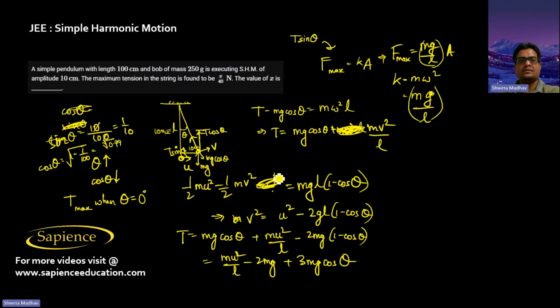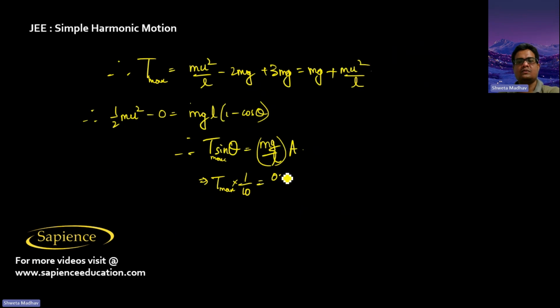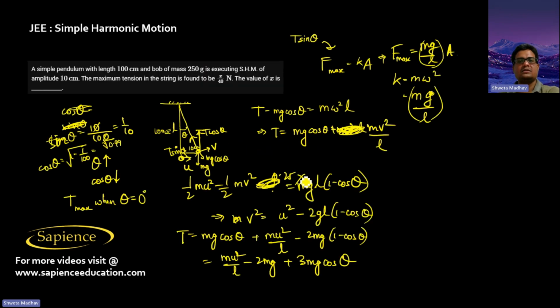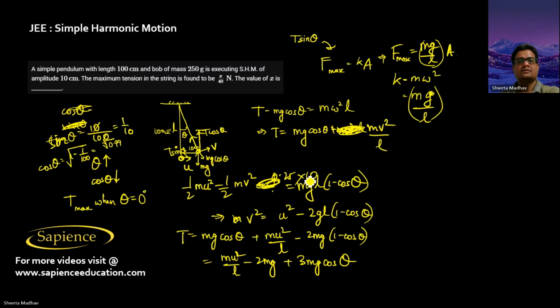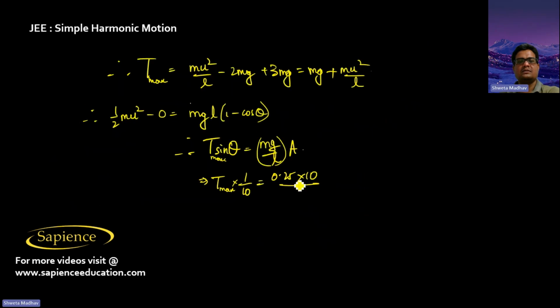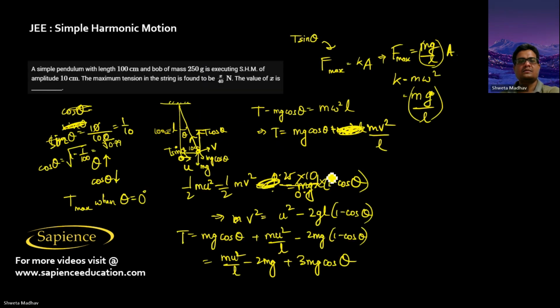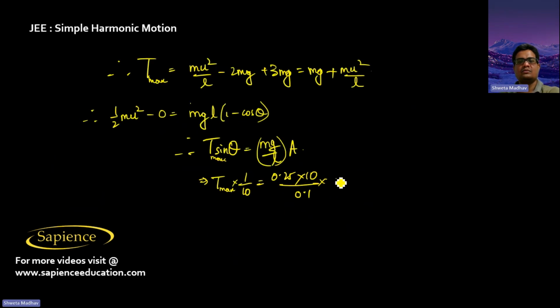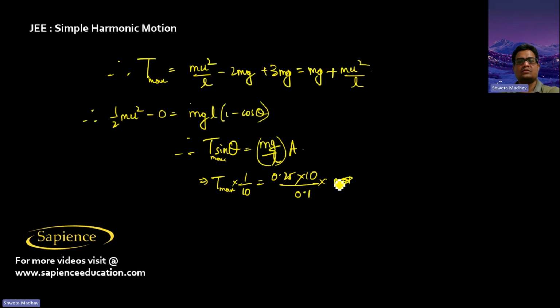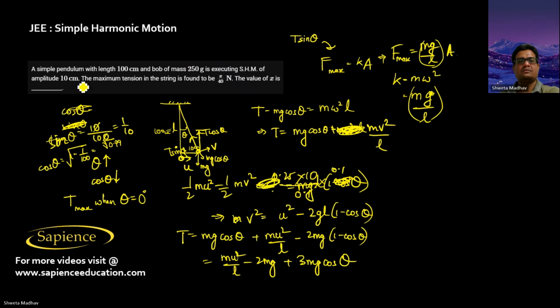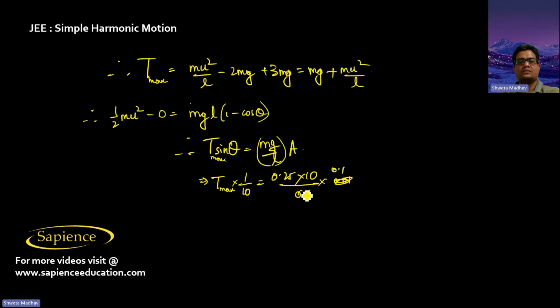Equal to m, that is 0.25, into g, into a, that is 0.1 meter, since 100 centimeters is 1 meter.